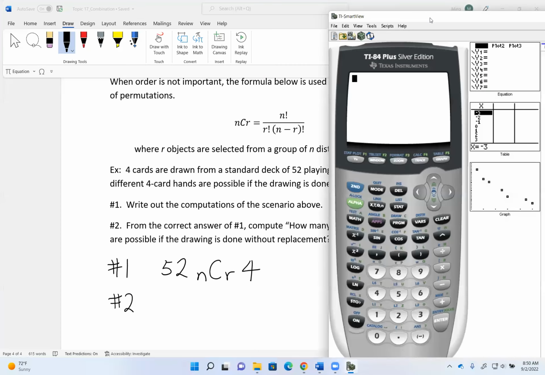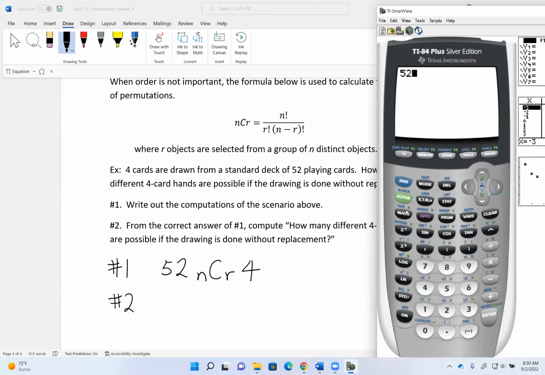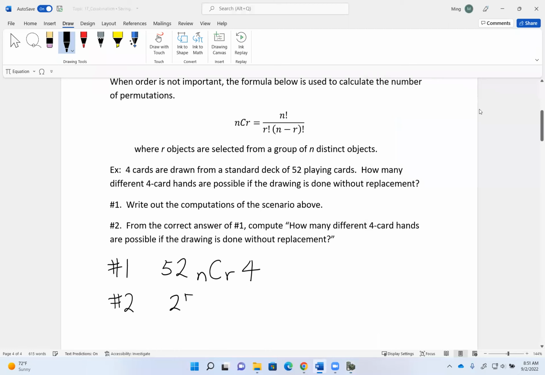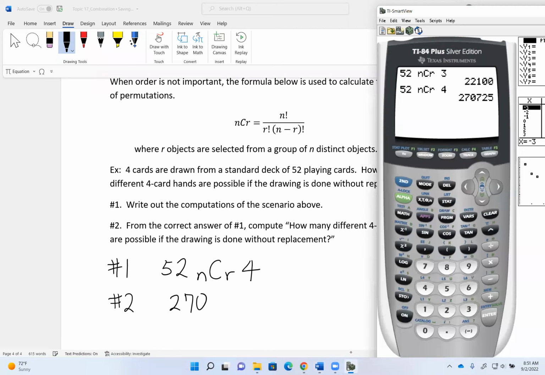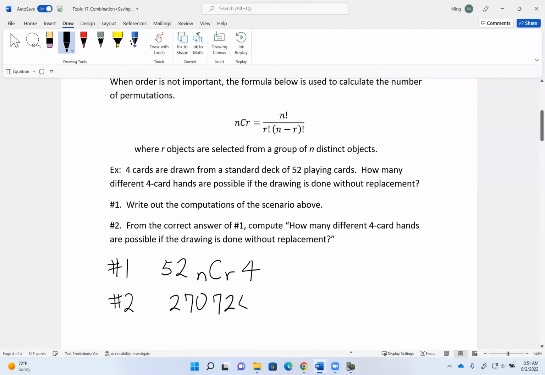This time, we're typing 52, then math, go to PRB, choose number 3, because when the order does not matter, it's a combination. Sorry, choosing 4. That would be 270,725. So that many hands are possible.